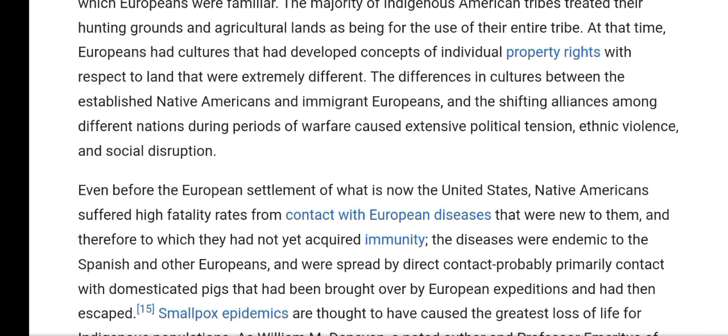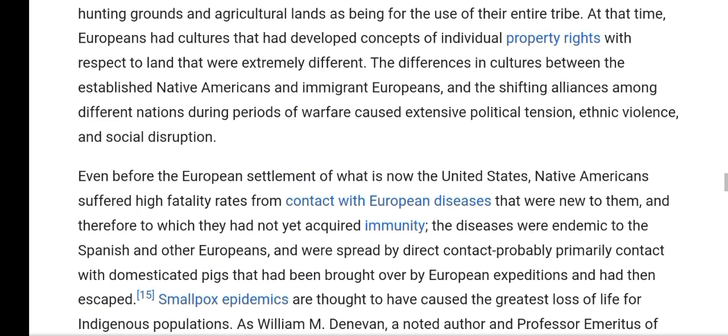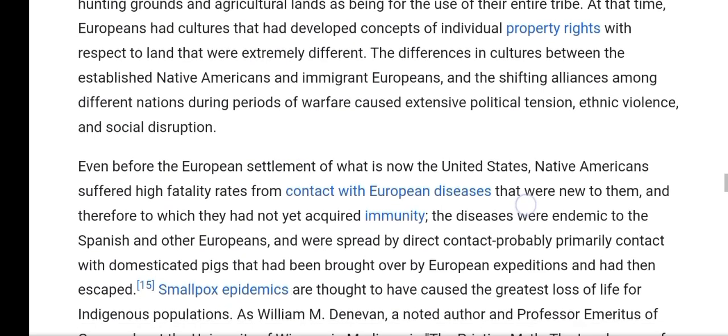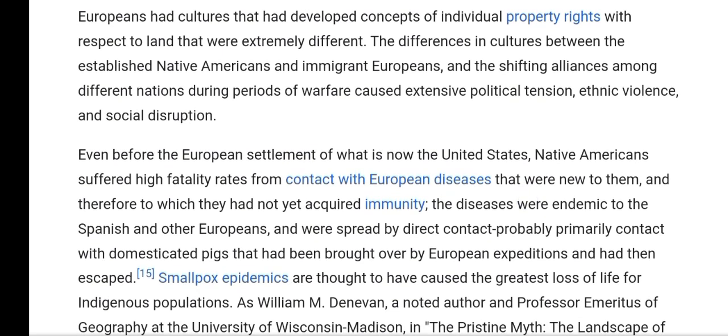The diseases were endemic to the Spanish and other Europeans and were spread by contact, probably primarily contact with domesticated pigs that had been brought over by European expeditions and had then escaped.